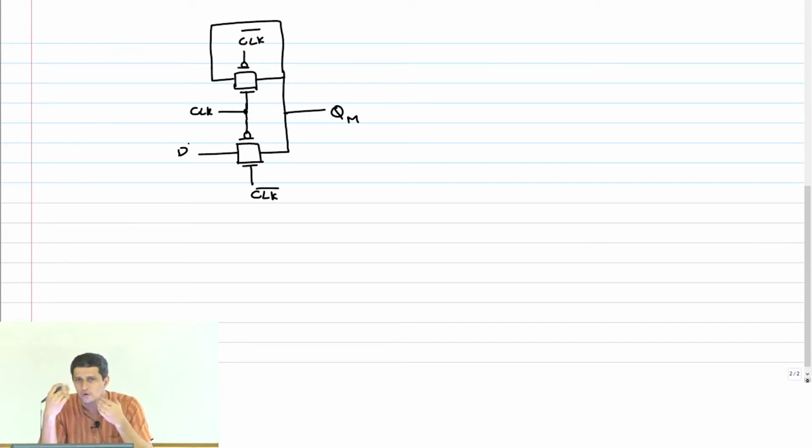Then you will ask me another question saying, what is driving this flop? Because right now there is no path to VDD or ground for this flop on both sides, right? On the D side as well as the feedback side. So there is no way that I can tell you the delay or characterize this flop.